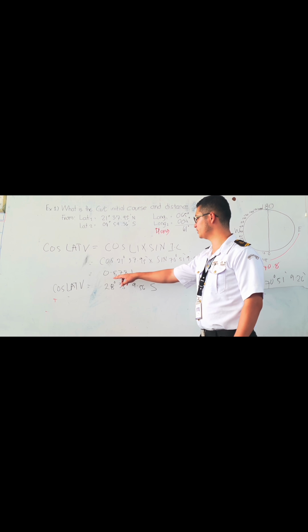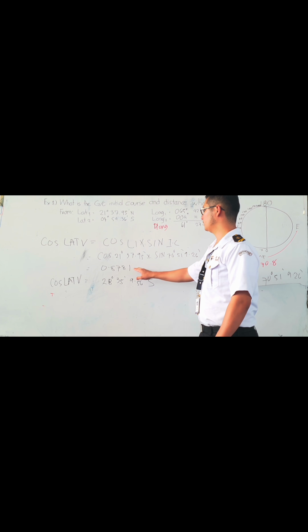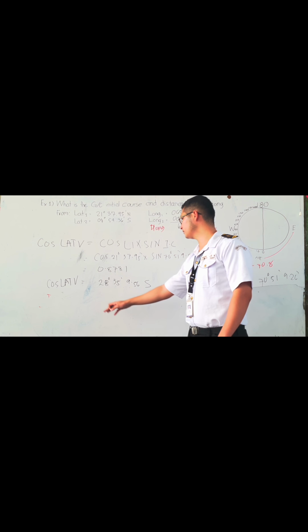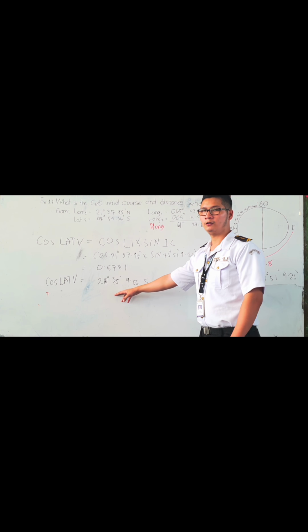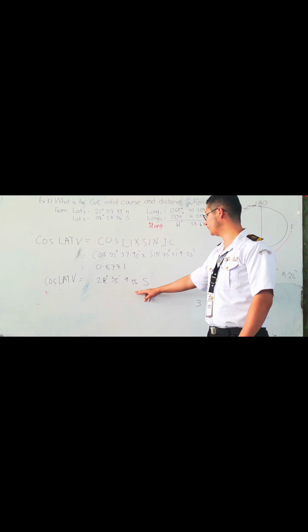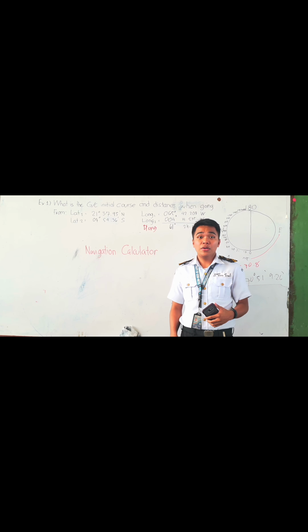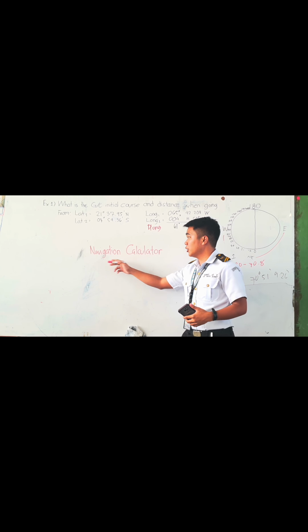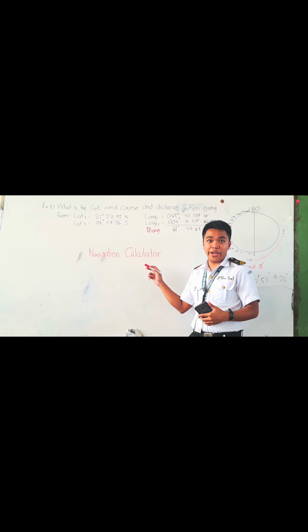And we're going to shift cos, then convert it into degrees. The lat V is 28 degrees, 35 minutes, 9.56 seconds. So, to check our answers, we can use the app navigation calculator to check if our answers are correct.